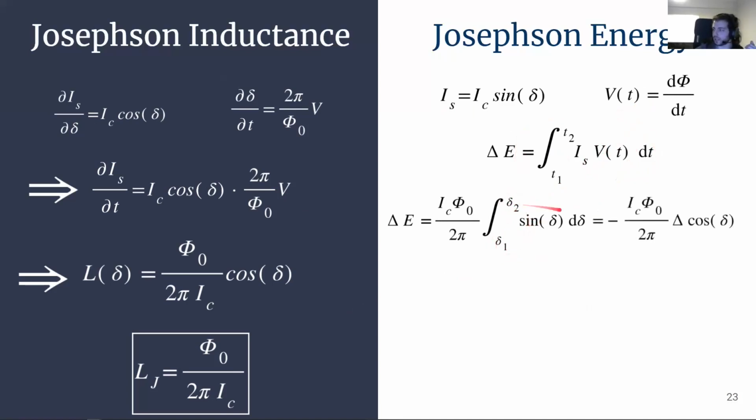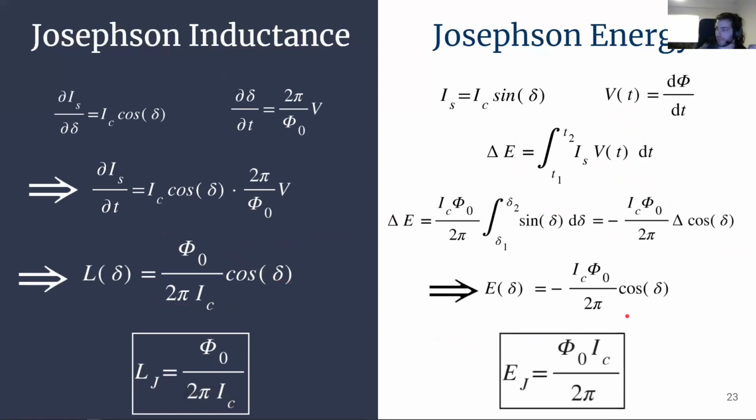This would yield the difference in the energy as some constant term times the difference in the cosine of the function. So then we can express the energy like so. Again, this looks very similar to this, and then we can name this constant term the Josephson energy E sub j.